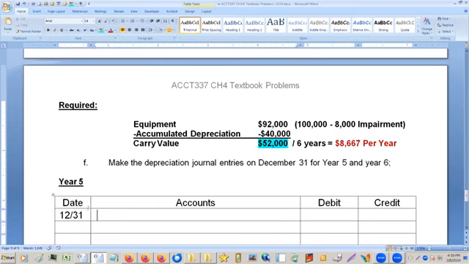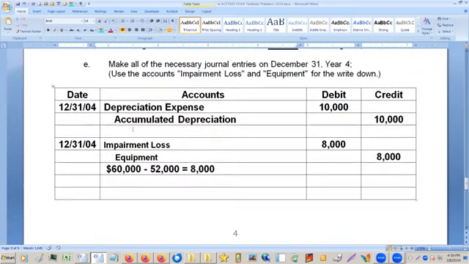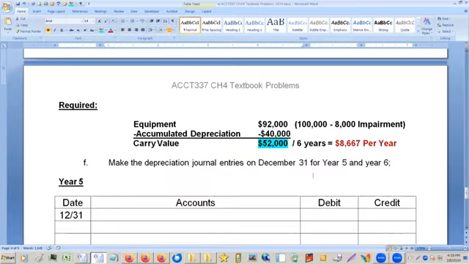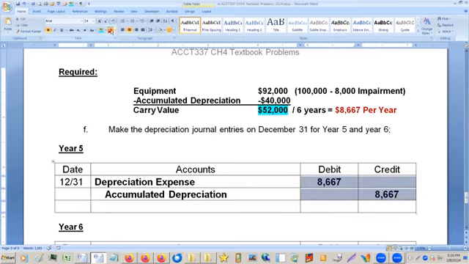All right. So this is year 5, year 6. Okay. Well, same thing as up here. I'm just going to copy and paste it. This will be 8,667.